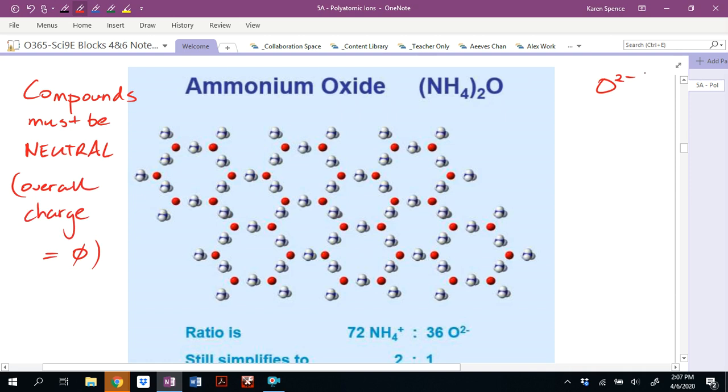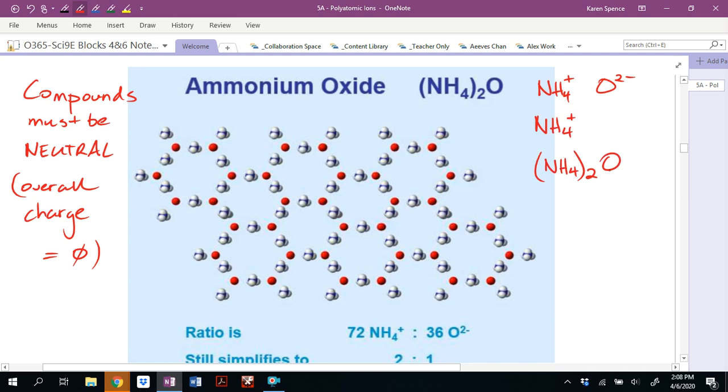And if oxide is -2 and ammonium is +1, we're going to need to have 2 ammoniums for every 1 oxide. So we're going to write our formula for that, signifying that we have 2 ammoniums for every 1 oxide.